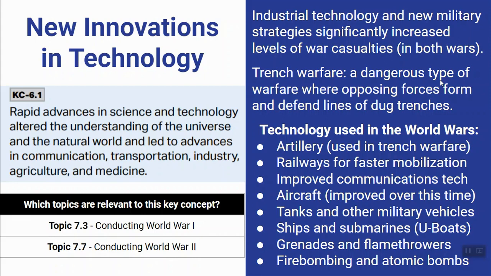Other technology that you would want to know from the two world wars are artillery, railways, better communications technology, aircraft, which improved over the two wars, tanks and other vehicles, which also improved, ships and submarines, which also improved, grenades, flamethrowers, also poison gas, and then two World War II innovations that you should know about are firebombing and the atomic bomb. Key Concept 6.1 is specifically relevant to topics 7.3 and 7.7.